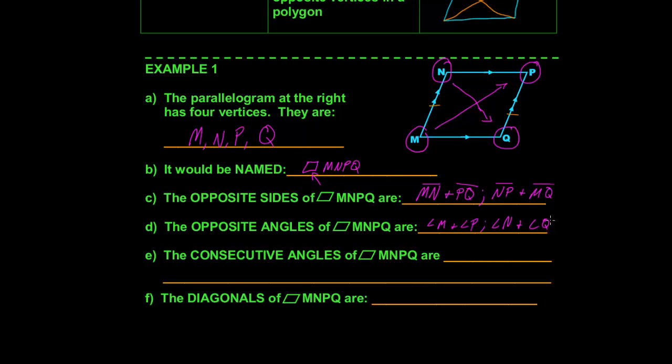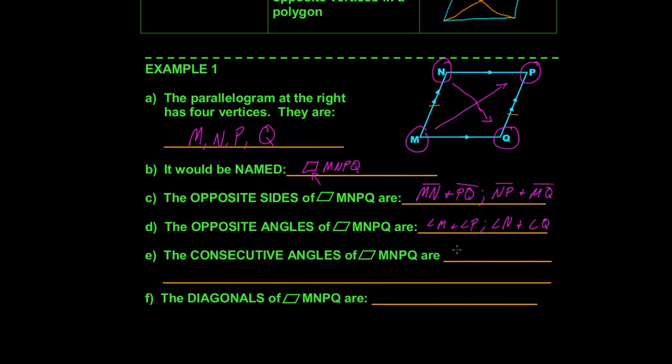Alright, consecutive angles. Whenever it's talking about consecutive angles, it's which angles come next if we follow it around this direction or this direction, either way really. So let's start at N. N's a good one for us to begin with.